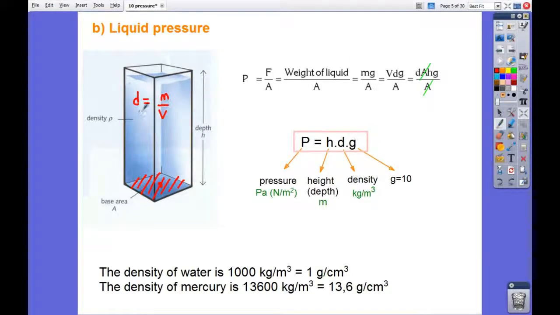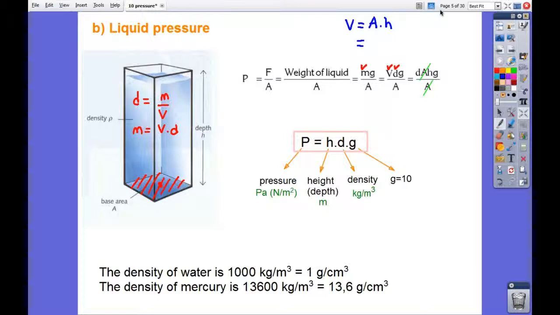and because we know that density is mass over volume, mass is equal to volume times density. So this mass can be substituted by volume times density. Well, volume itself is actually base area times the height.